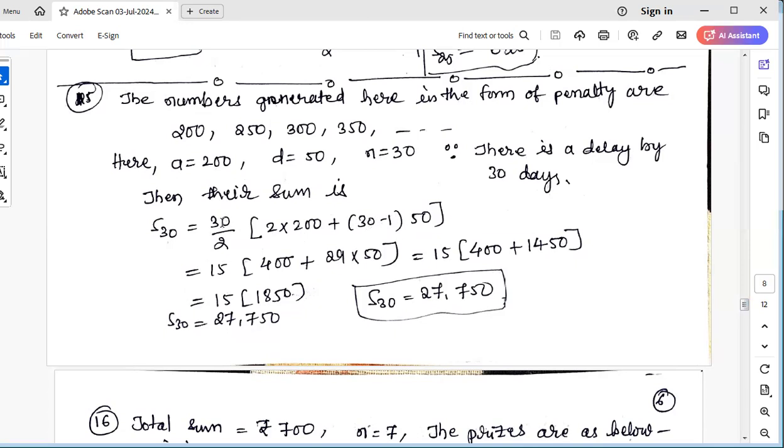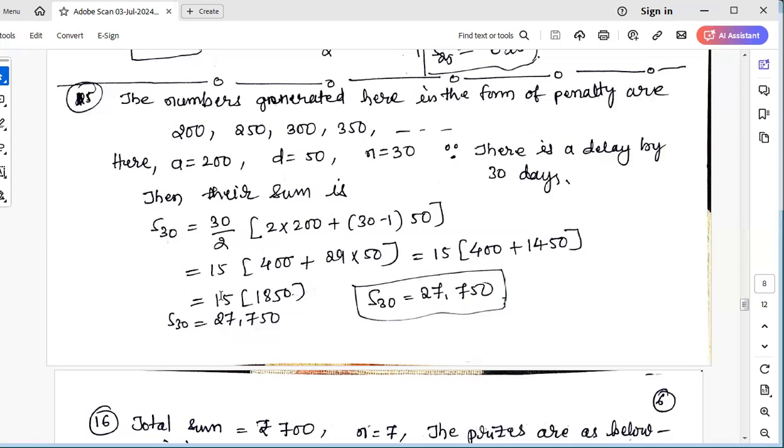So this is equal to 30 by 2 is 15 into 200 into 2 is 400 plus 30 minus 1 is 29 into 50. So this is equal to 15 into 400 plus 29 into 50 is 1450. So this 1450 plus 400 is 1850.